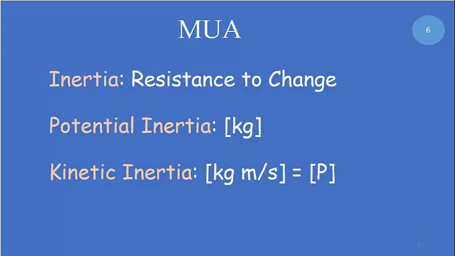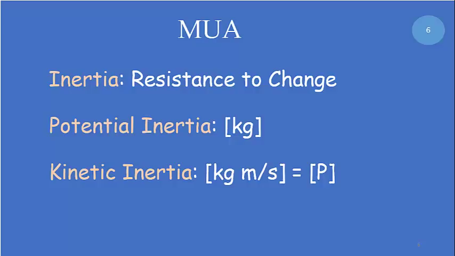The second form of inertia is kinetic inertia, with units kilograms meters per second, which are the units of momentum. In modified unit analysis, the capital P in the unit section is used for the unit of momentum. This is the second part of Newton's law of motion. An object in motion remains in motion unless acted upon by an external object.